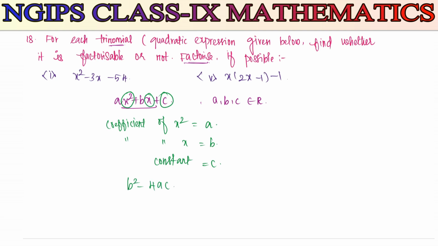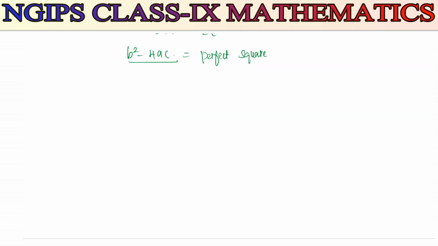If we find the value of b square minus 4ac and its value is a perfect square, then the trinomial ax square plus bx plus c is factorizable. Otherwise it is not factorizable. Remember, b square minus 4ac should be a perfect square. a, b, c belong to the real numbers, which means we only have to take the numerical values.